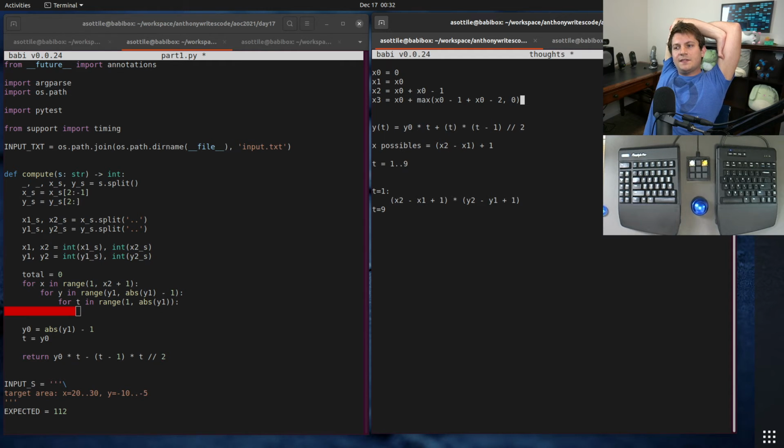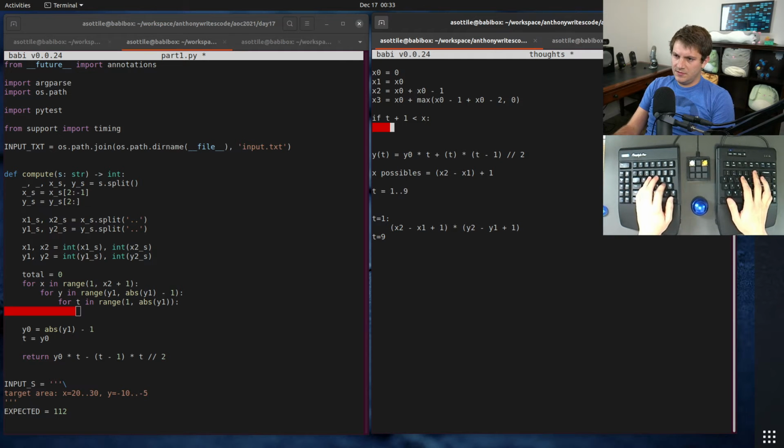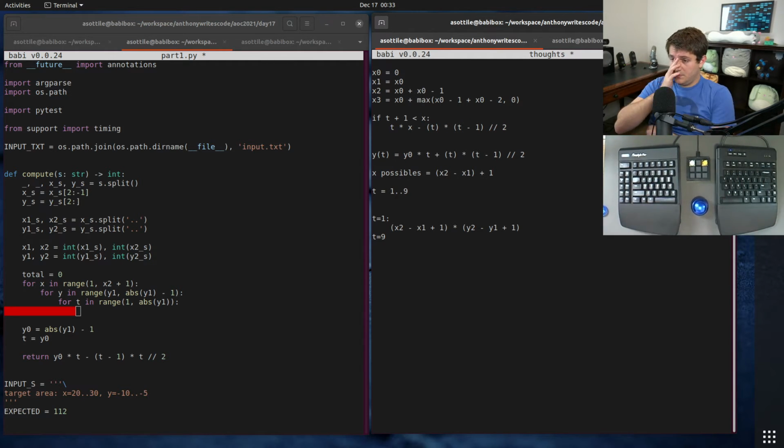For t less than x. Or let's see, when t plus 1 is less than x, then it is t times x minus t times t minus 1 over 2.